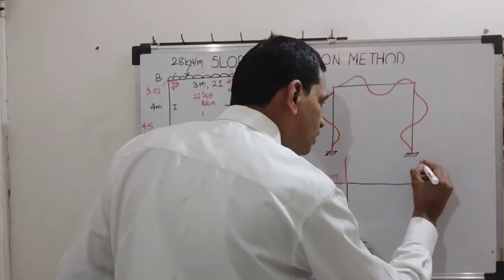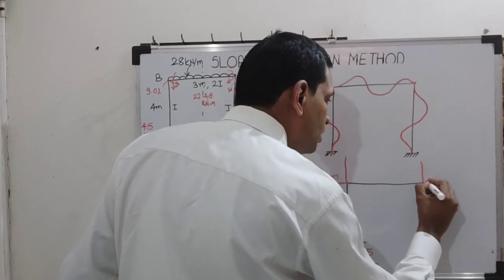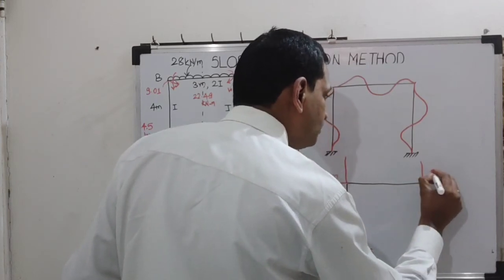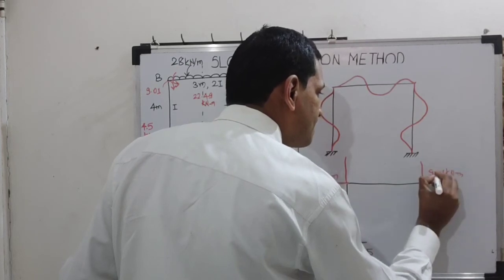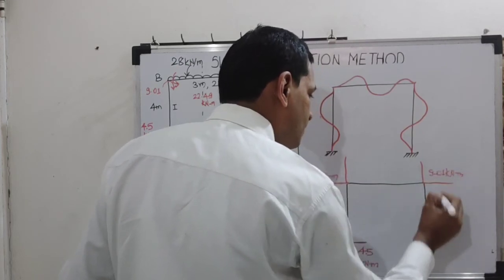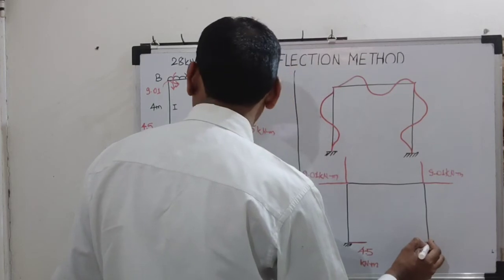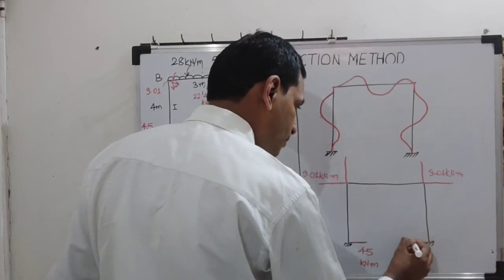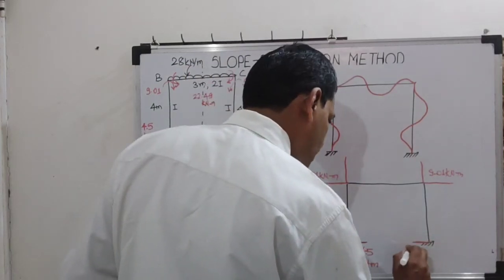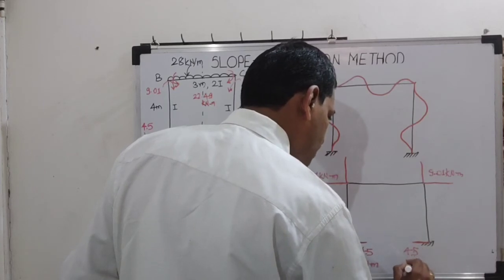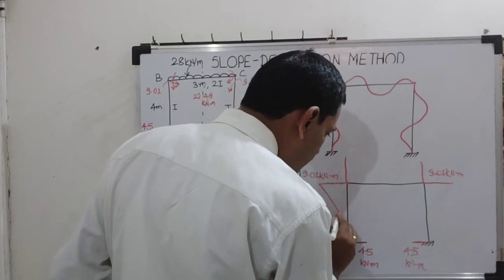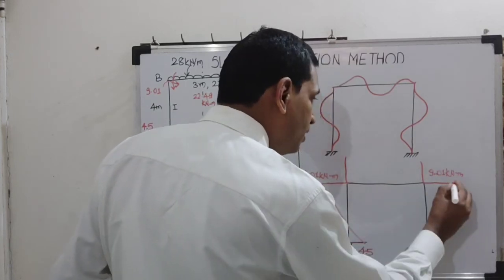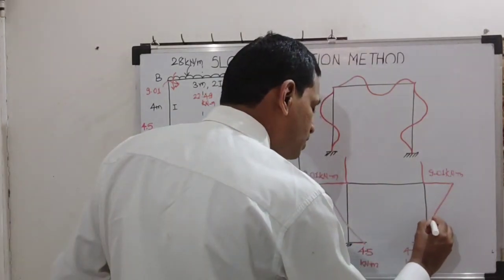Here also above the beam. Here on right hand side. So 9.01 value. Then this one is 4.5. Okay, 4.5 kilonewton meter. So join these two ordinates with straight line, these two ordinates with straight line.